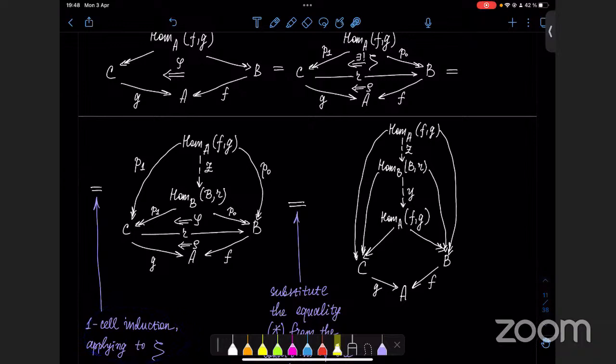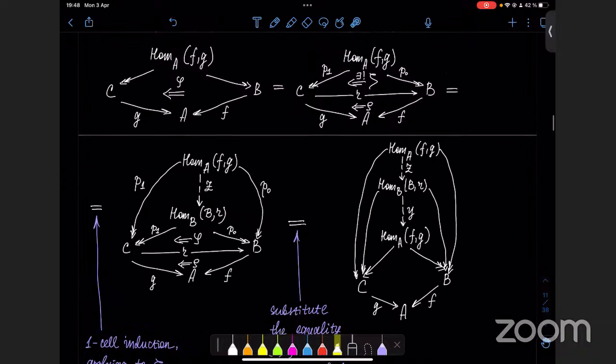You can apply it to this zeta, so you can factorize this zeta as the following whiskering into the following whiskering, this whiskering with z and this whiskering through phi.